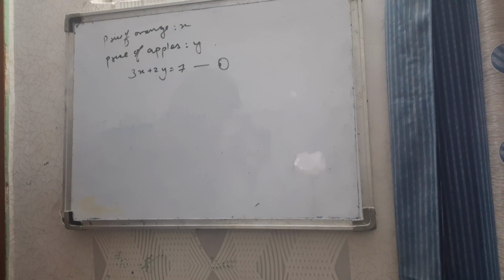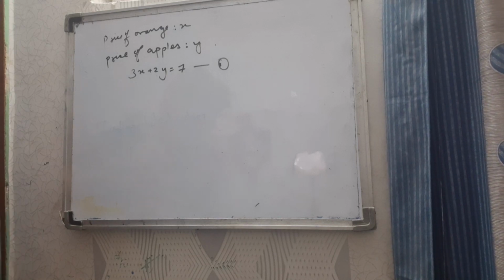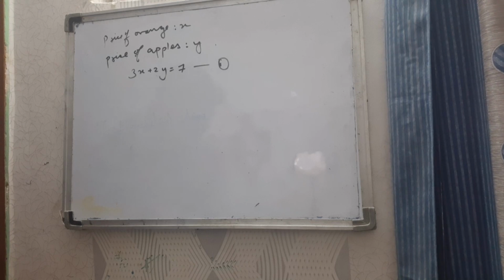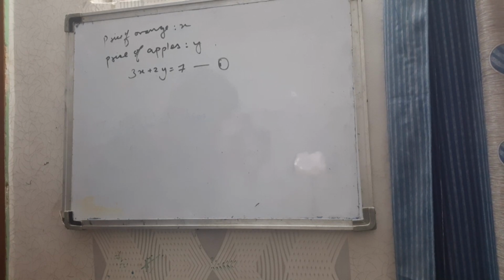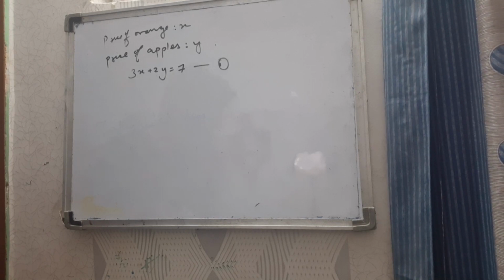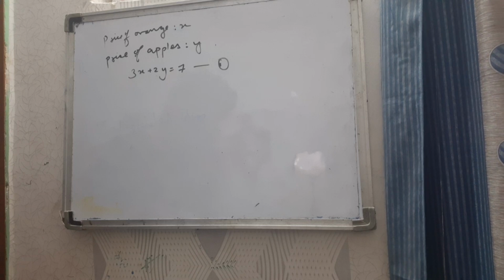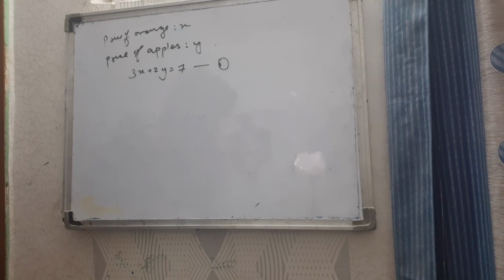Both statements 1 and 2 together are sufficient, but neither statement alone is sufficient. Each statement alone is sufficient to answer the question asked. The last option is that both statements together are not sufficient, and additional data specific to the problem must be given.